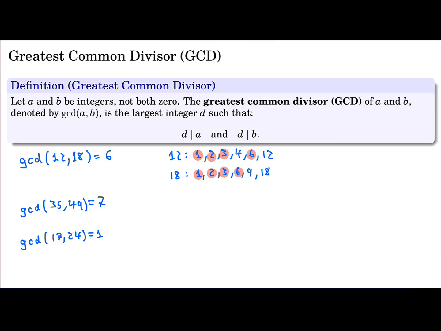When this happens, we say that they are relatively prime. Also, sometimes we say that they are coprime.